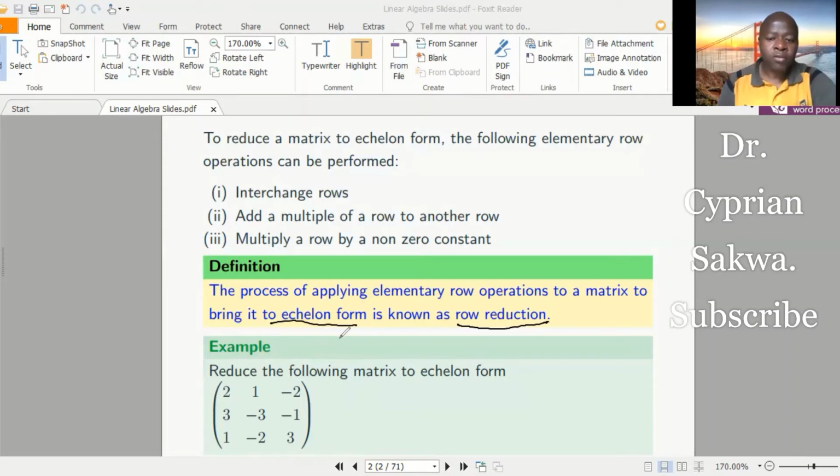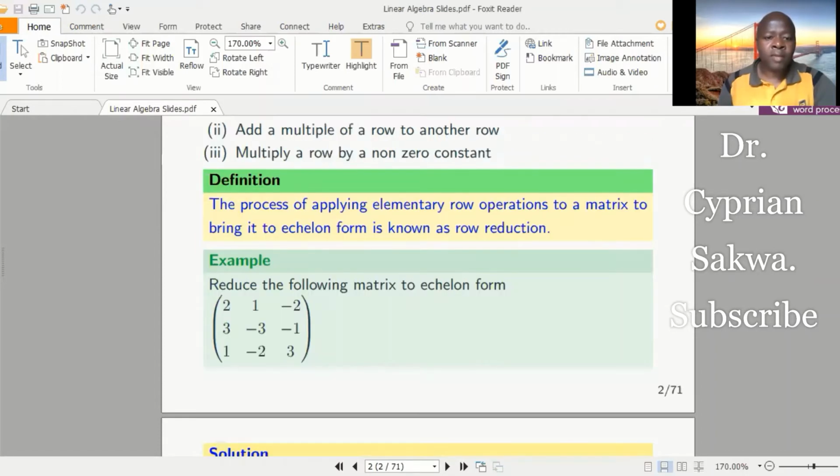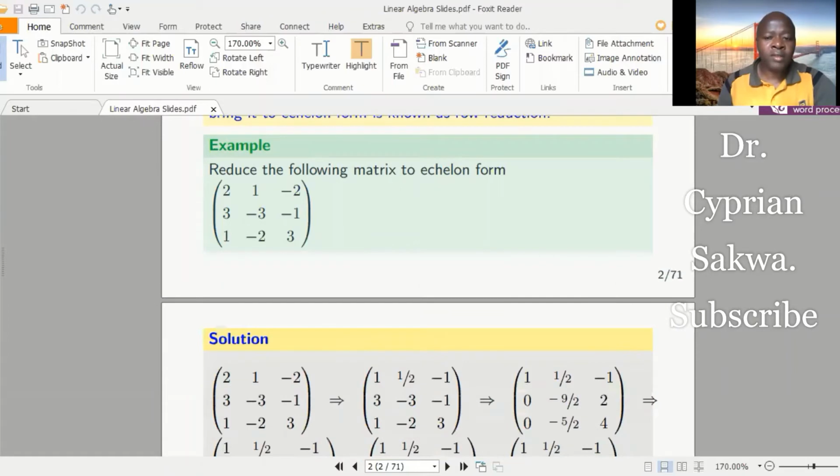Now, let's look at how to reduce a matrix to echelon form by performing the elementary row operations. We look at the first example: reduce the following matrix to echelon form.